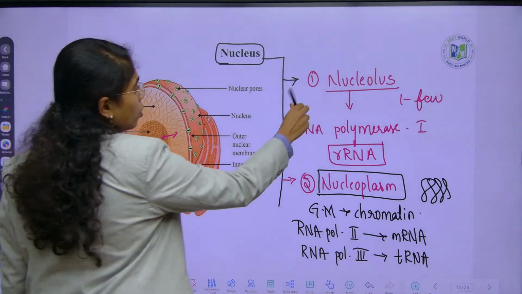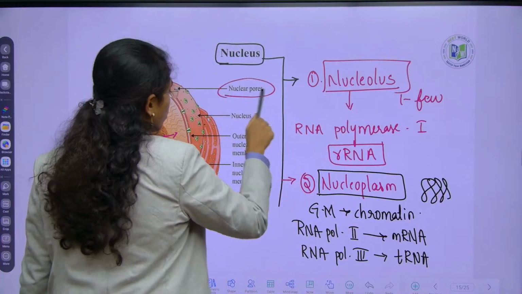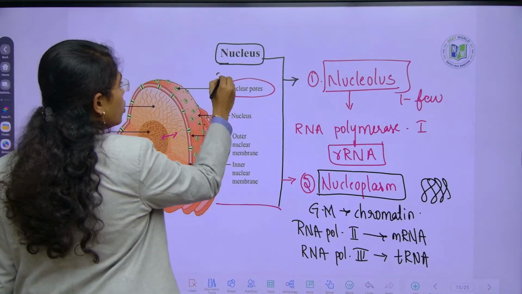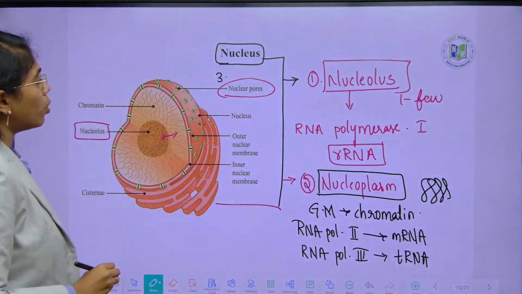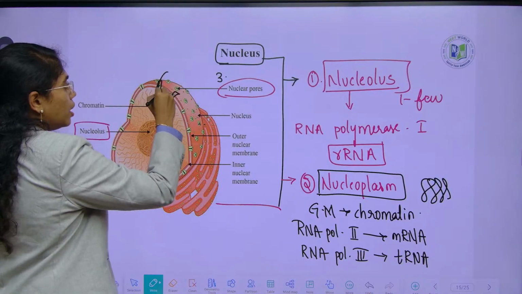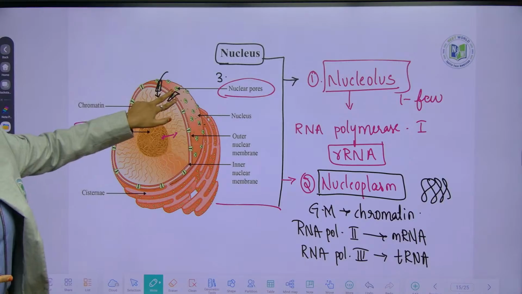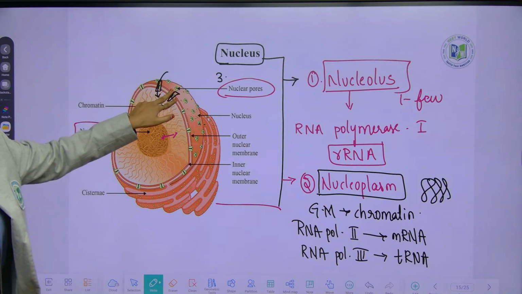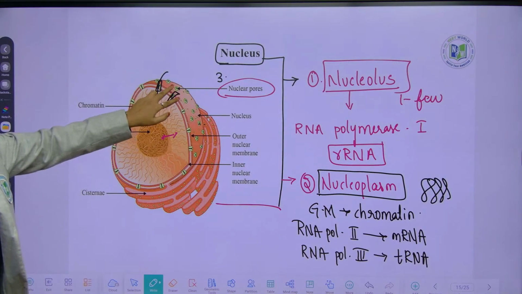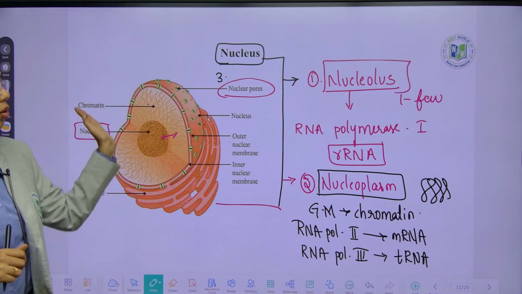Next, nucleolus, nucleoplasm, then nuclear pores. Third region is what? Nuclear pores. These nuclear pores act as transport channels for the influx and efflux of RNA and protein molecules into the nucleus and cytoplasm. These are like gates to transport the molecules in and out. What molecules? RNA and proteins. Next is what? Nuclear envelope, which will surround the nucleus.